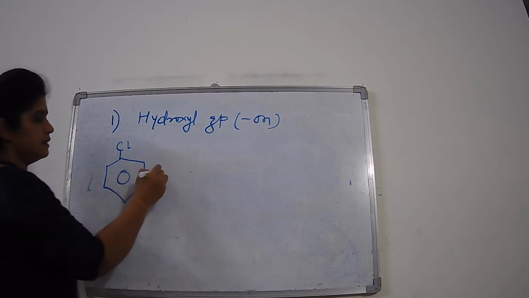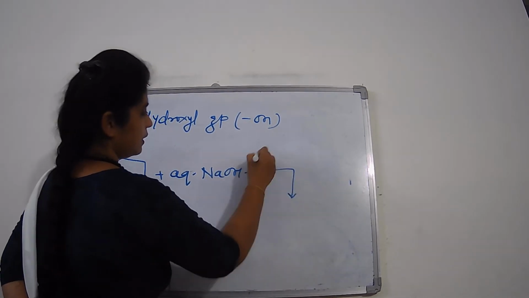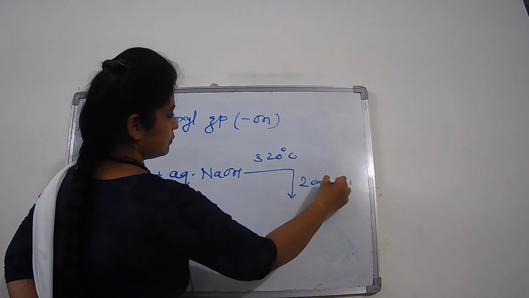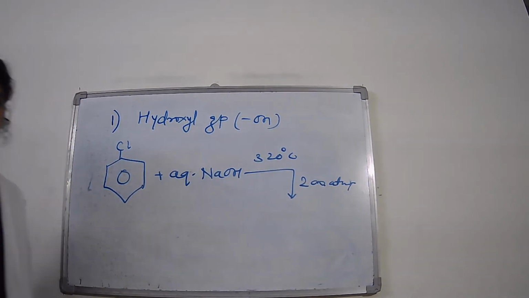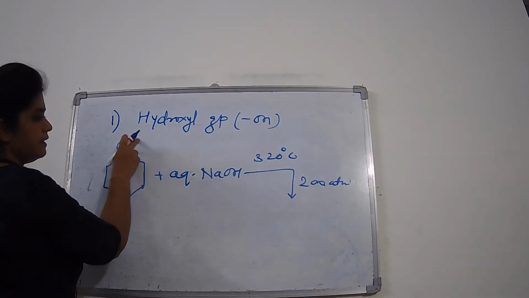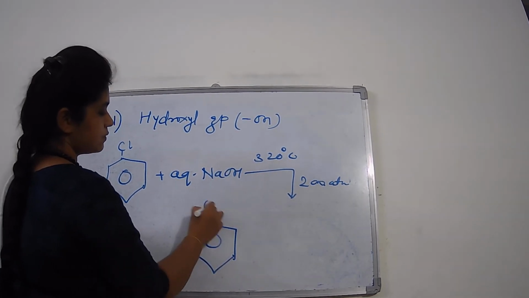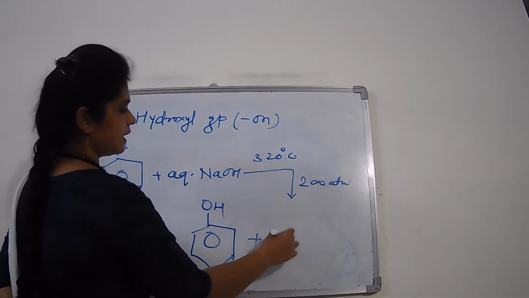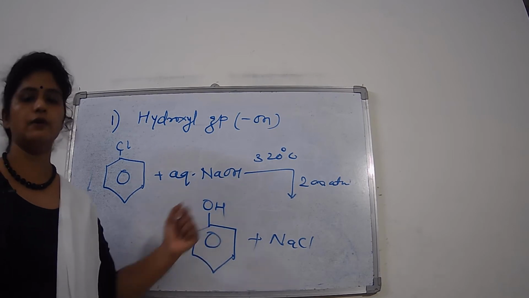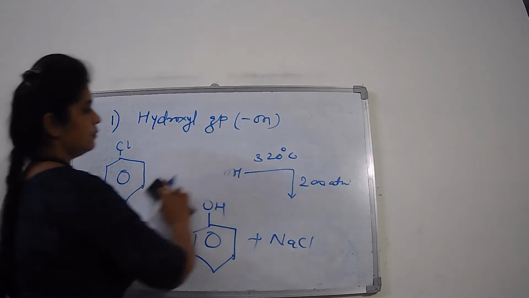Chlorobenzene, when it reacts with aqueous NaOH at about 320 degrees Celsius and about 200 atmospheric pressure, then this Cl gets substituted by OH, and we get a new compound called phenol. At the same time NaCl is removed. So this is the first nucleophilic substitution reaction carried out by chlorobenzene.